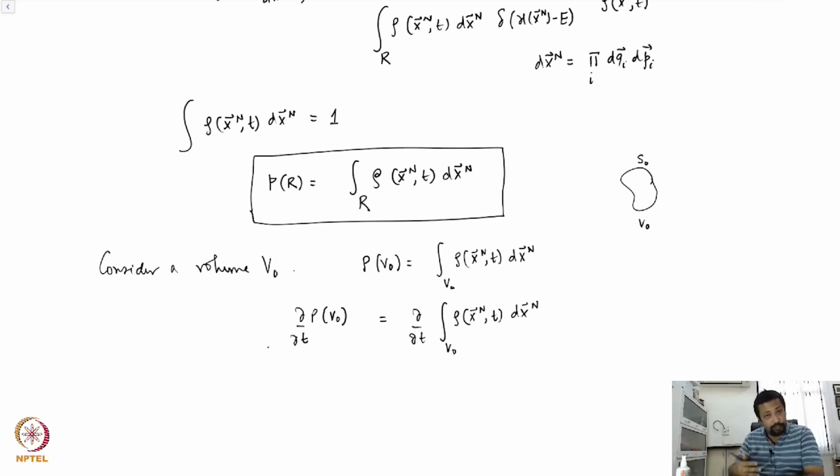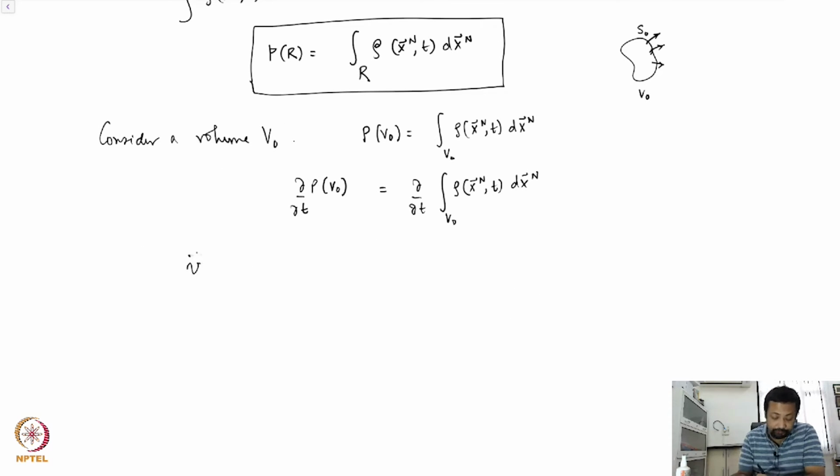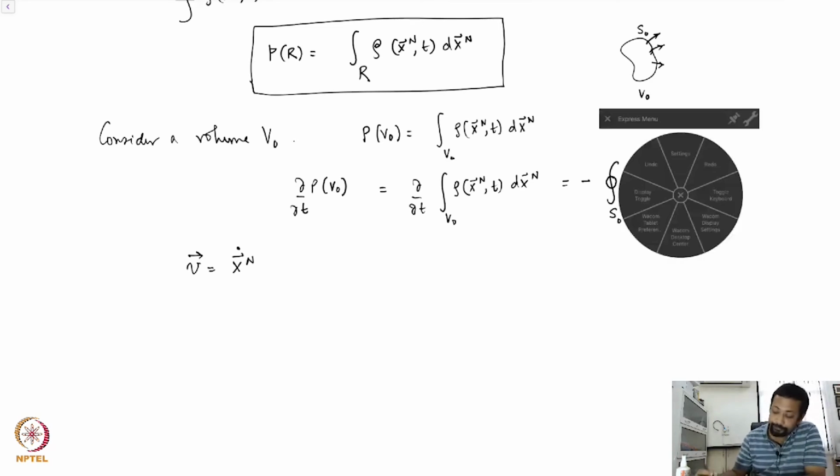This rate of change of probability will be entirely due to the probability which is flowing out, right? If you denote by v, which is essentially xn dot, the velocity of the state points, then just as you have probably done in fluid mechanics, this is the integral over the surface of rho of xn comma t times xn dot.